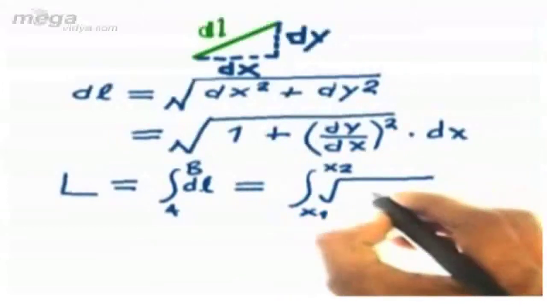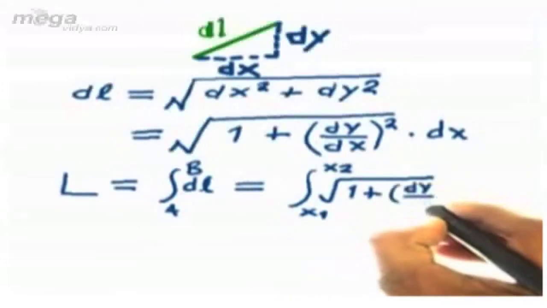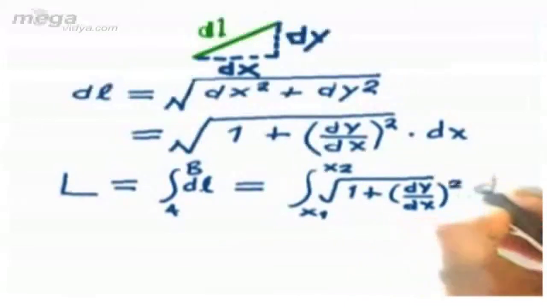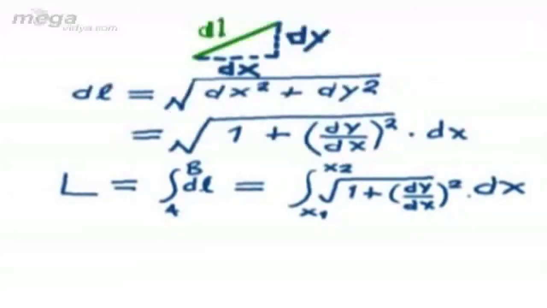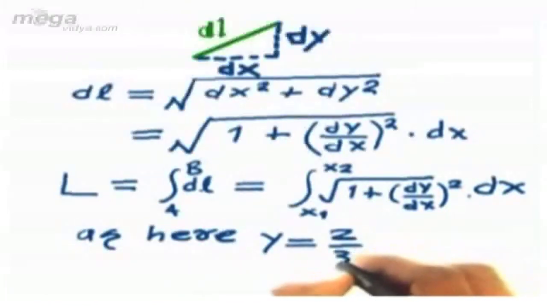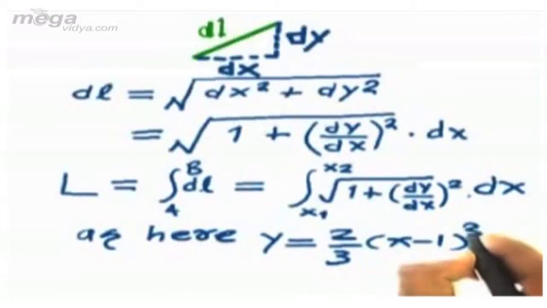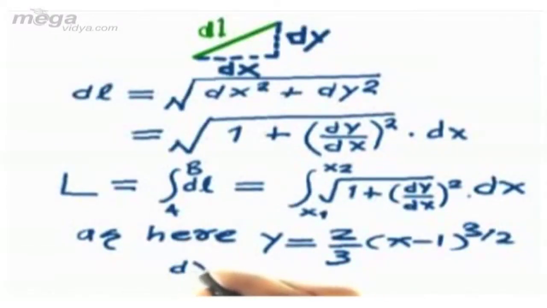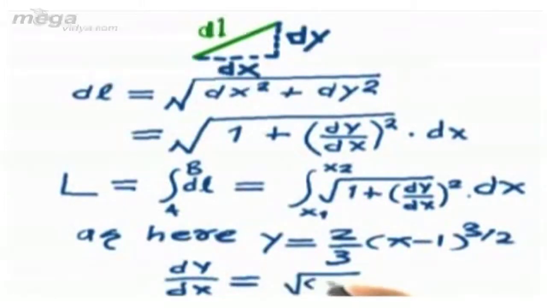If we integrate root of 1 plus (dy by dx) square with respect to x, then we can get the entire length of the curve from A to B. Now, as we have been given the equation y equal to 2 by 3 times (x minus 1) to the power 3 by 2, by differentiating it we get dy by dx equal to root of (x minus 1).